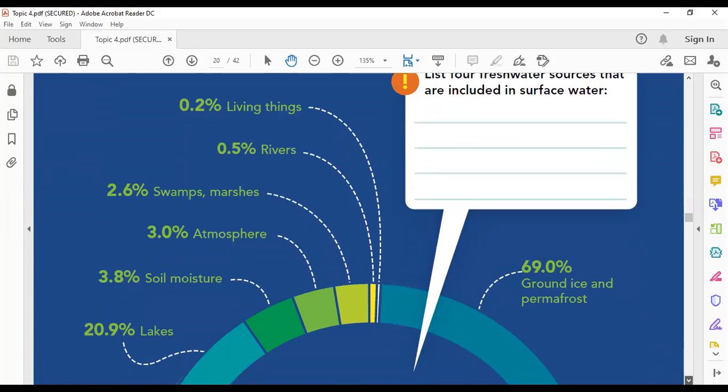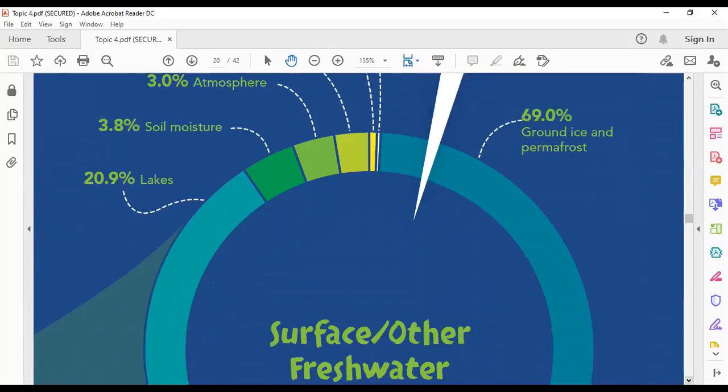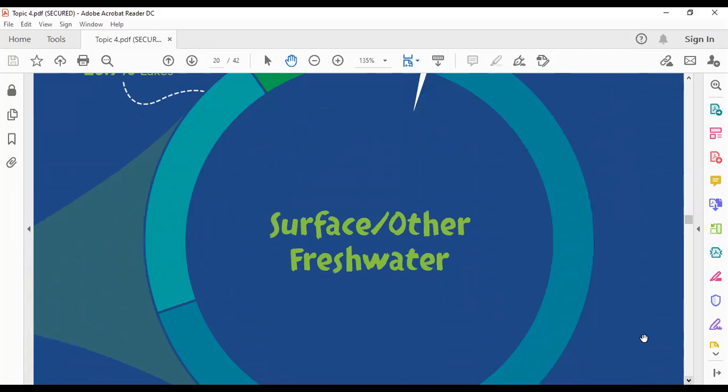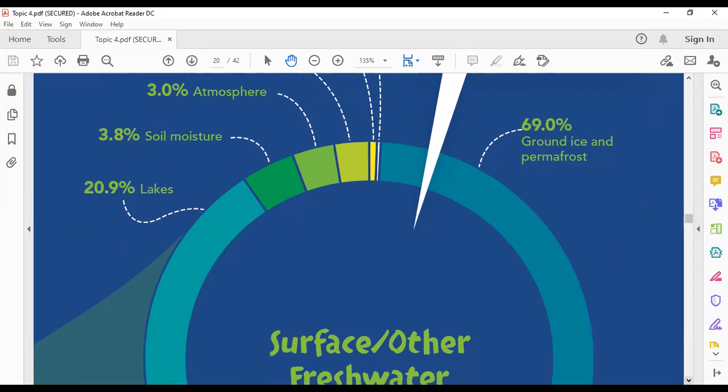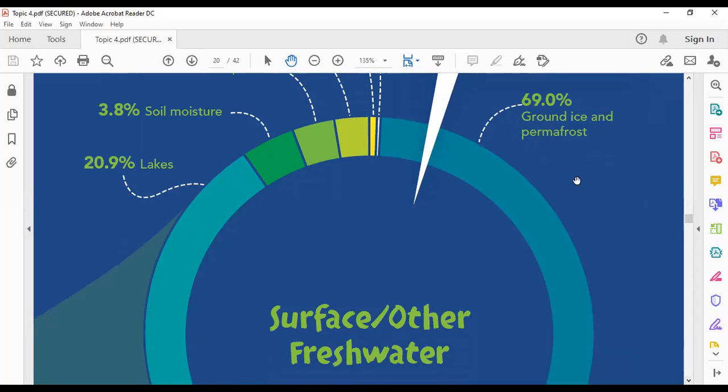Also, this figure shows how the fresh water on the surface is distributed. Notice that even in the fresh water, most of it is found as ground ice and permafrost.